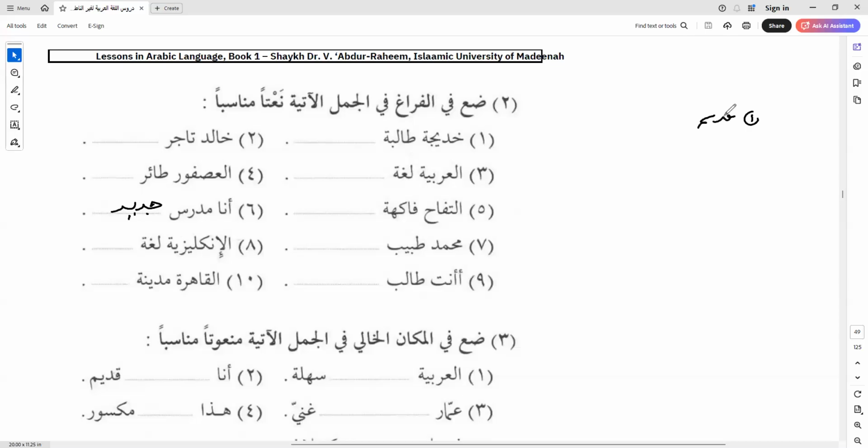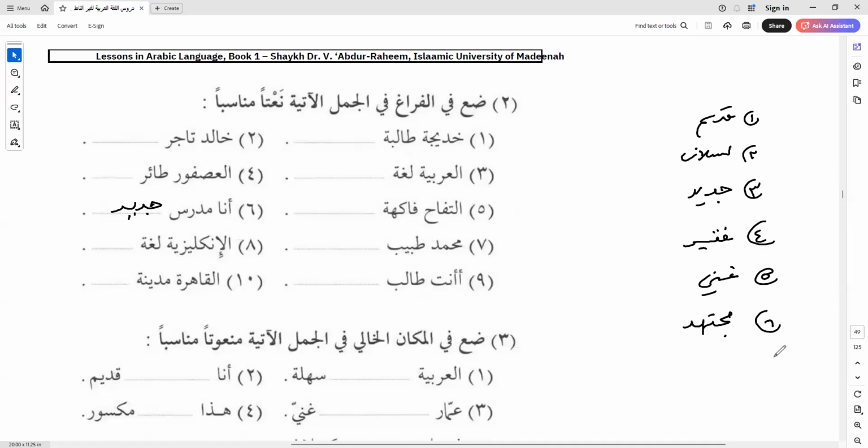We discussed qadimun, kaslanun, jadidun. These are all adjectives. We discussed faqirun, ghaniyun, and then mujtahidun.